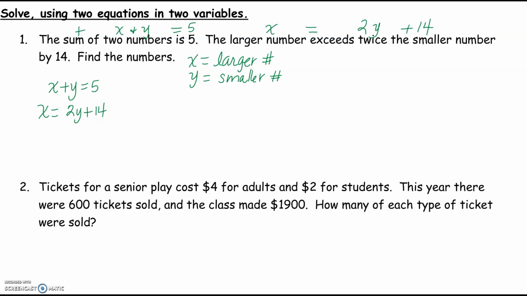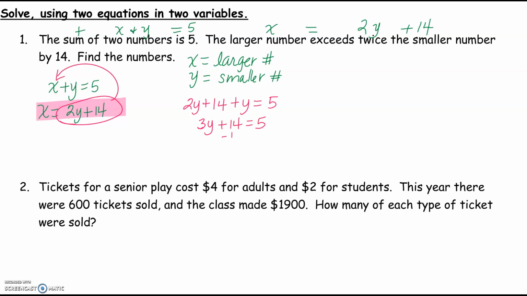Since this second equation is already solved in terms of x, I'm going to take what x equals and substitute it. So I get 2y plus 14 plus y equals 5. I'm going to combine like terms and get 3y plus 14 equals 5. I'm going to subtract 14, and I'm going to get 3y equals negative 9.